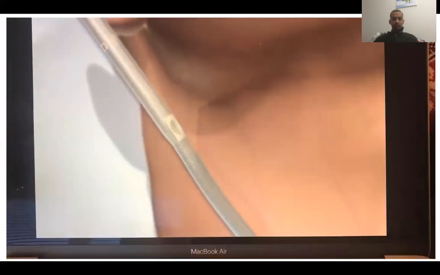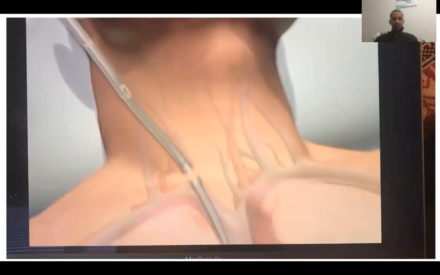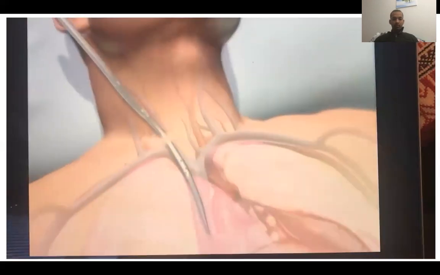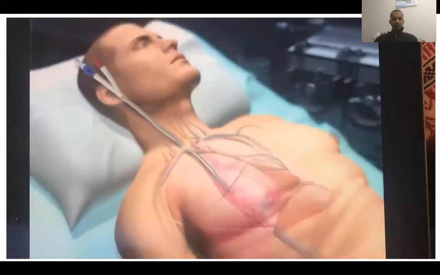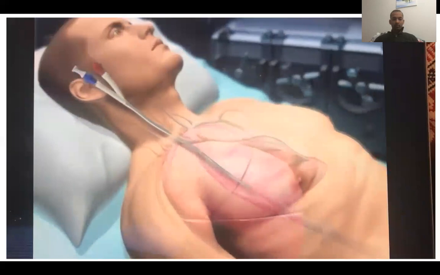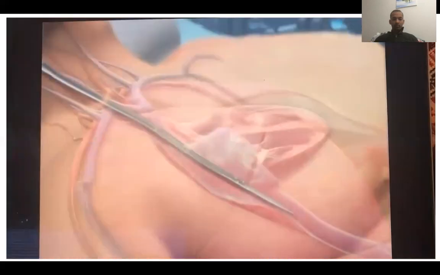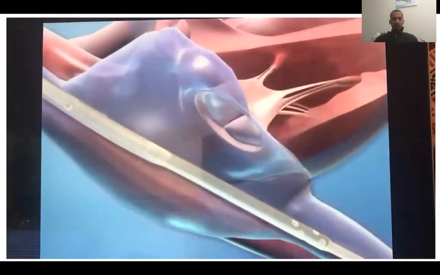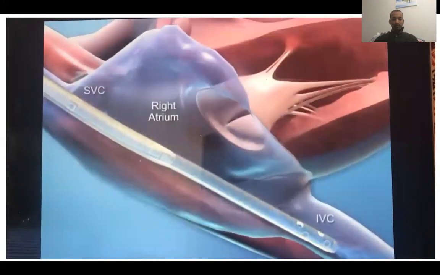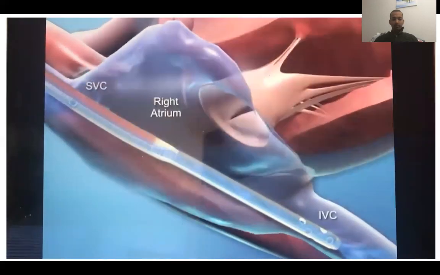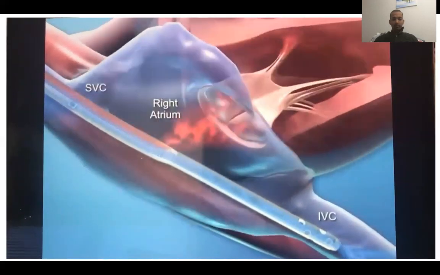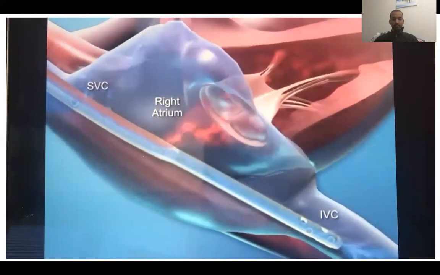The bicaval DLC is inserted through the right internal jugular vein. Upper and lower drainage ports are located in the superior and inferior vena cava, and blood returning from the external circuit exits the cannula in the right atrium.